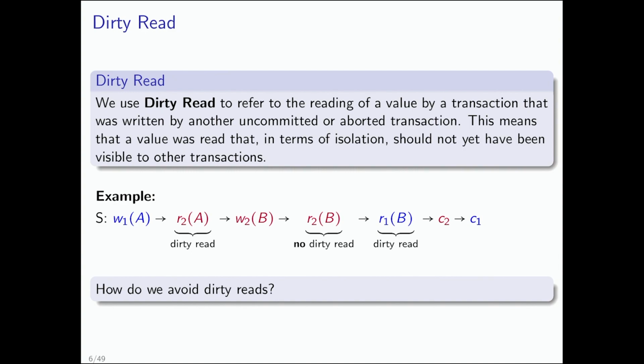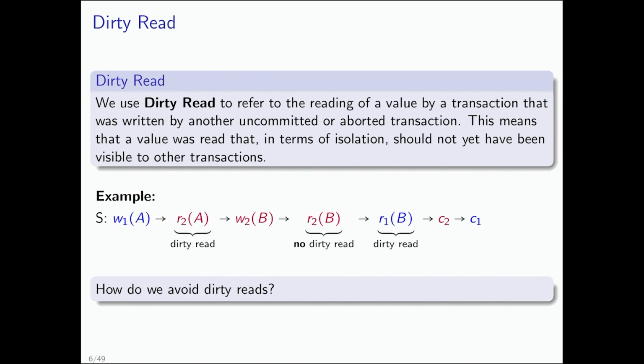You have two transactions, 1 and 2. Transaction 1 is writing data object A, then transaction 2 is reading data object A, and I'm assuming in this schedule that this is reading the same version that was written by that transaction. And that is a dirty read, because transaction 2 reads something where I'm not sure whether it will be committed anyway.